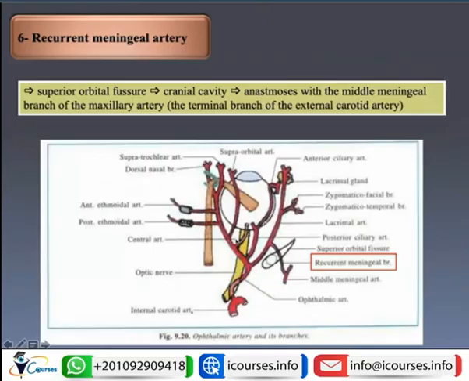The sixth branch of the ophthalmic artery will be the recurrent meningeal artery. So why is it called recurrent? Because it returns back from the ophthalmic artery toward the cranial cavity.